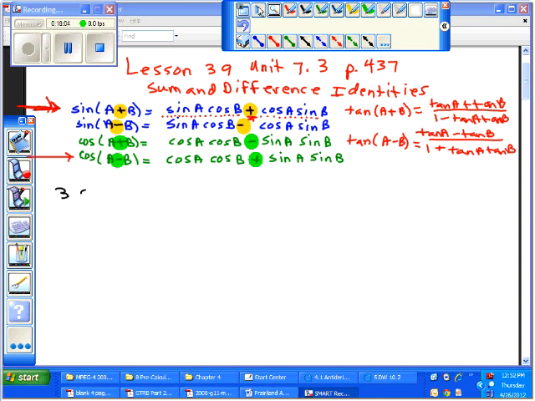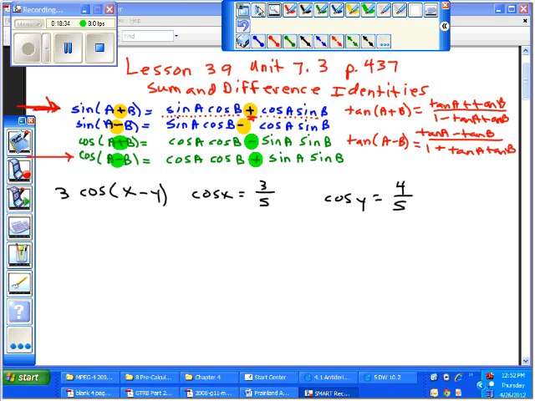We're wanting to find the cosine of x minus y if cosine x is equal to 3 over 5 and cosine y is 4 over 5.